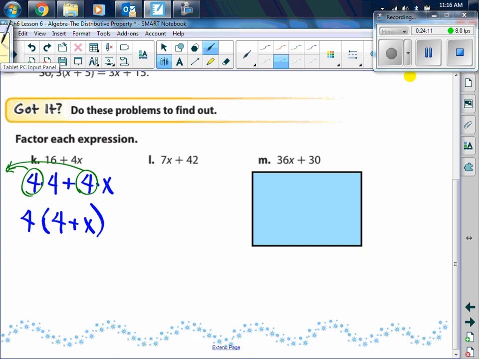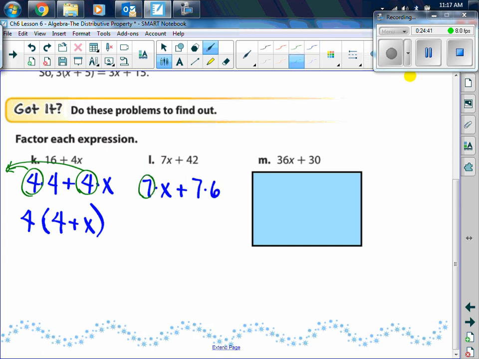So, for example L, for problem L, we're looking at the greatest common factor with 7x and 42. So the greatest common factor there is 7. So we will rewrite 7 times x plus 7 times 6.